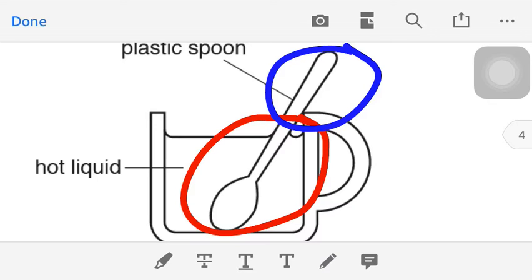Yes, as far as the bottom part is concerned, the part that is immersed in hot liquid, I try to visualize the hot liquid as tea. I love tea. So, as far as that part is concerned, yes, the molecules coming and colliding is okay.